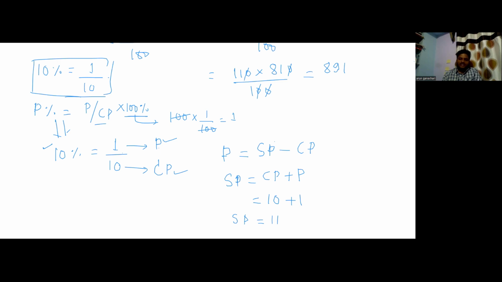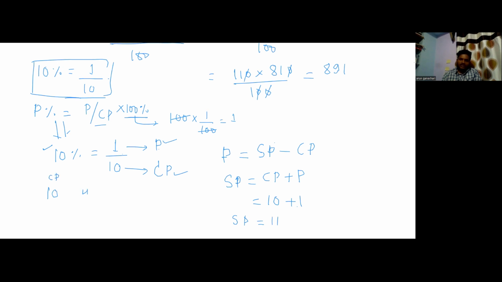Profit is selling price minus cost price, so if we rearrange it, selling price will be given by cost price plus P. So 10 plus 1 is 11. When cost price was 10, 11 was the selling price. Yes or no?